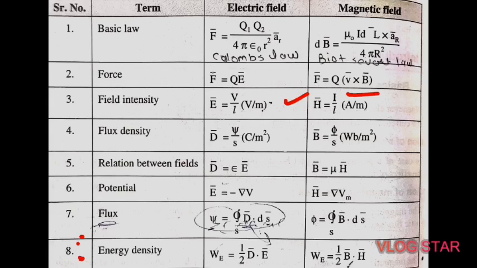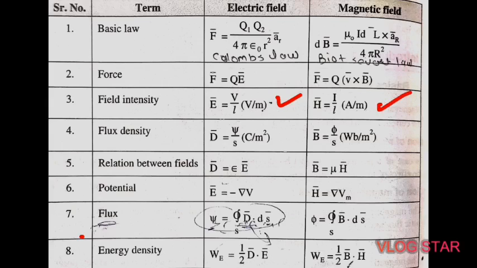We know that I is current, and the unit of current is ampere, and for length it is meter. So this is the field intensity. For electric field, it is represented as E bar, and for magnetic field, it is represented as H bar. The unit of E bar is volt per meter, and the unit of H bar is ampere per meter.